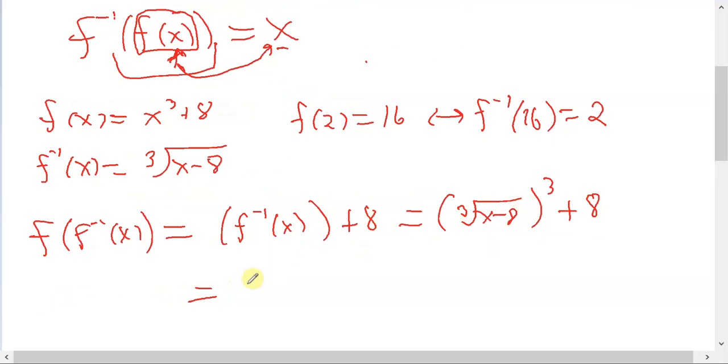But cubing the cube root gets rid of the cube root, so now I just have x minus 8 plus 8, and you can see the 8's cancel, and it returns me back to x. So whatever x I plug into f inverse, this whole process will return it back to the x it started at. And likewise, you could turn it around and do f inverse of f if you like. So that's another useful property.